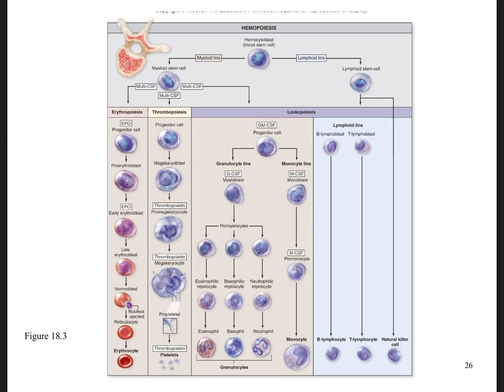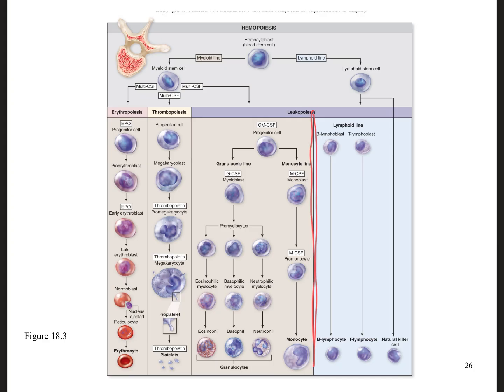Okay, but here's the overall idea. This is the separation. That red line is lymphoid versus myeloid stem cell. Everything on the left of that red line is the myeloid stem cell line.